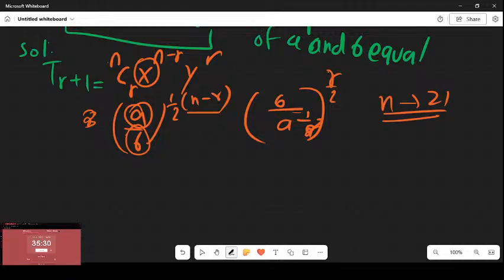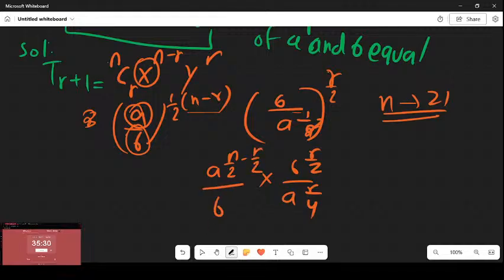Now it's n minus r here, and here it's r. Okay, I will write the power of a in a different form. So I can write this as b^(r/2). Okay, and this can be written as b^(r/4) into a^((1/2)(n/2 - r/2)) into b^((n-r)/2).